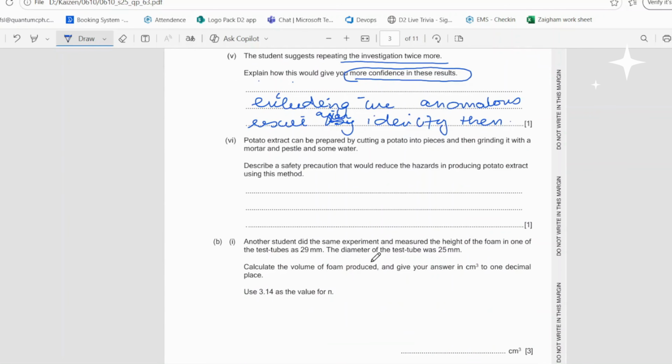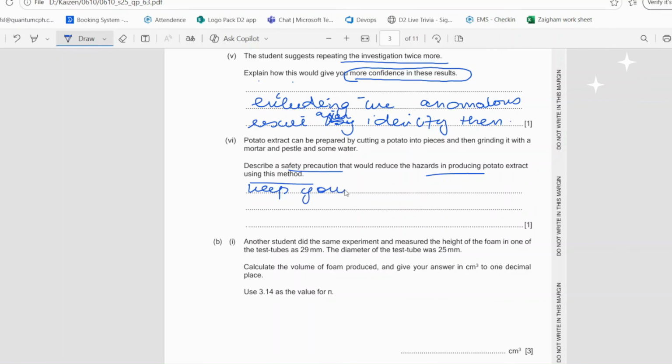Potato extract can be prepared by cutting potatoes in two pieces and then grinding it with mortar and pestle and some water. Now you have to give a safety precaution to prevent or reduce any hazard. Now you are cutting and then you are grinding, so there can be two hazards. Mention any one. Good.